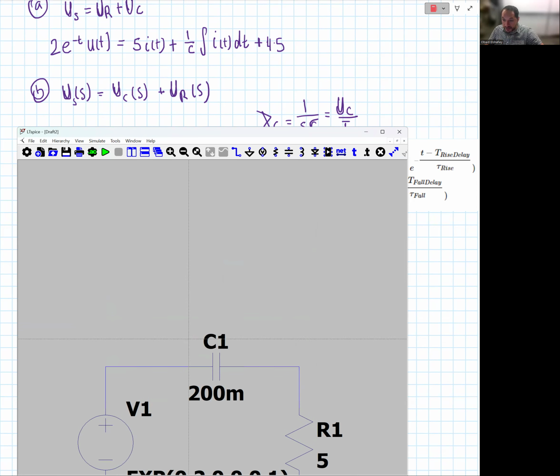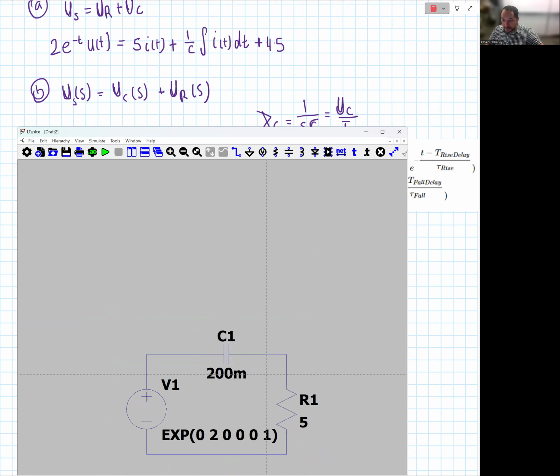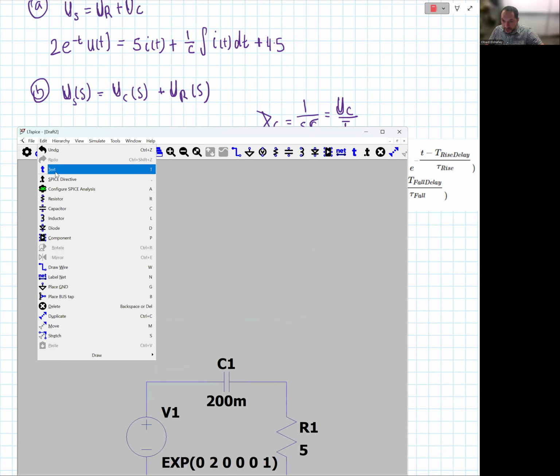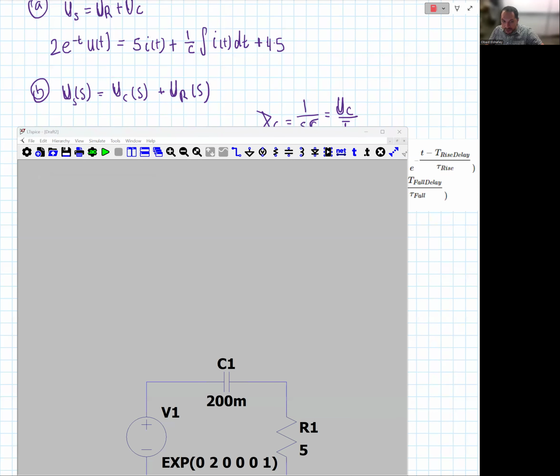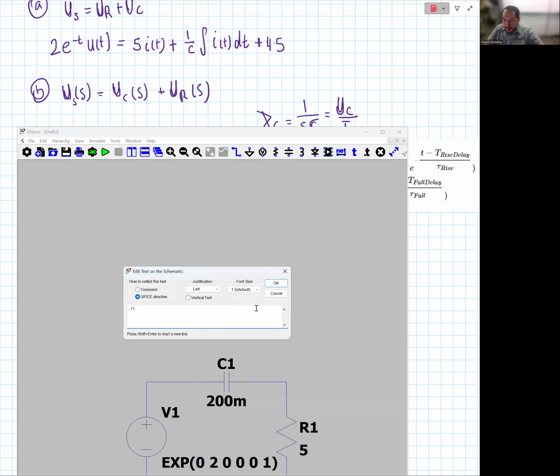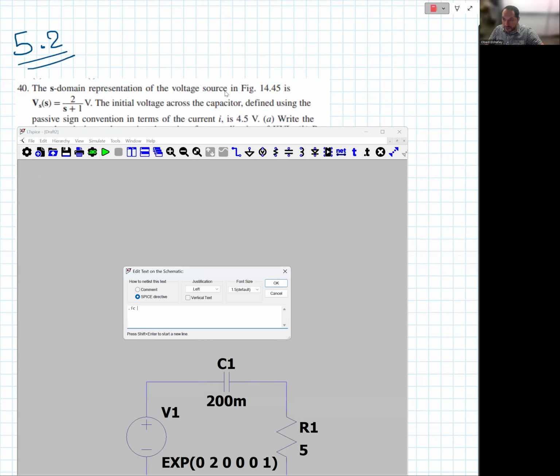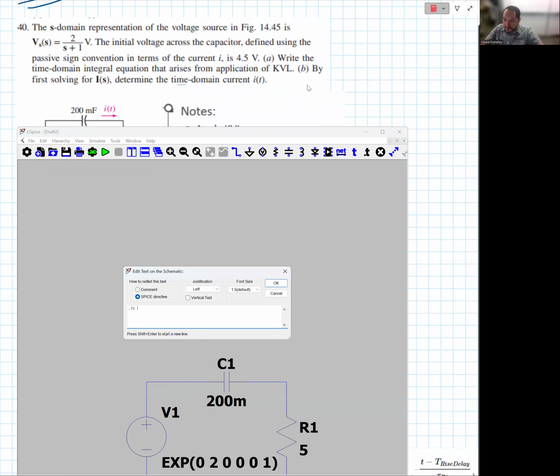If we are satisfied with those values, let's create an initial condition, dot IC. From our equation, from our notes or our question, we have V(C1) equals 4.5.